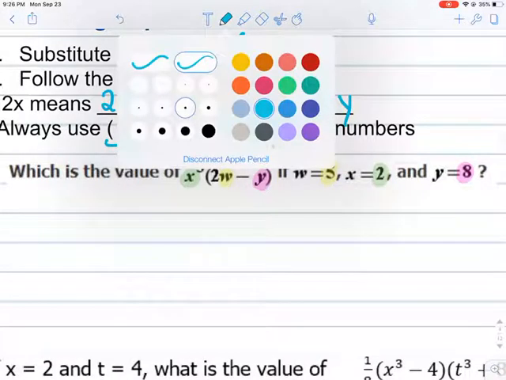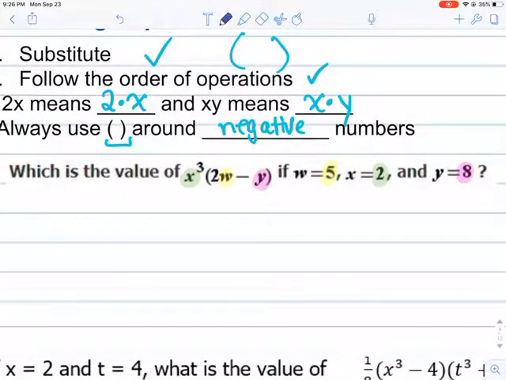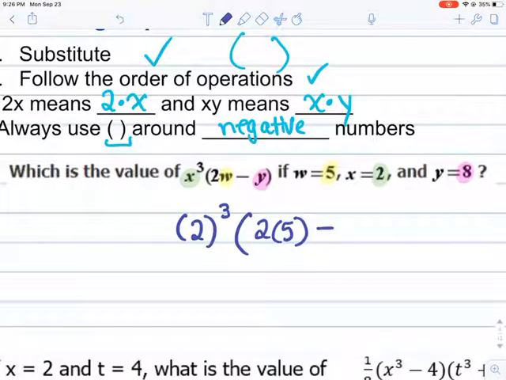So then once you plug in your values, instead of x to the third power, it'll be 2 to the third times 2w minus y, or 2 times 5, since that's w, minus y, which is 8. And you can use brackets around here if you don't want to use parentheses. It gets a little bit confusing.